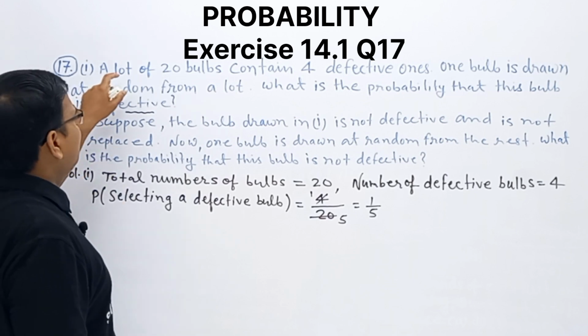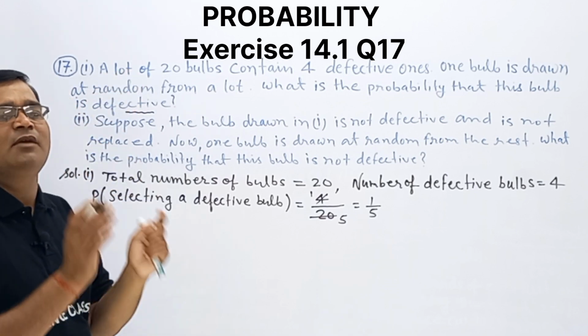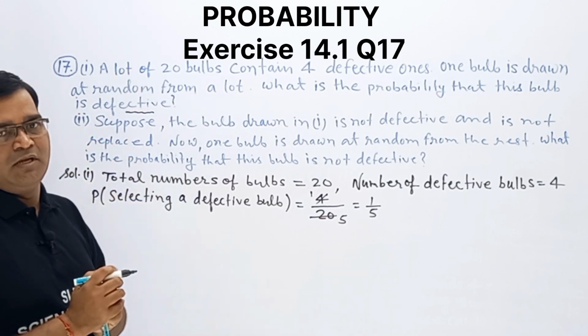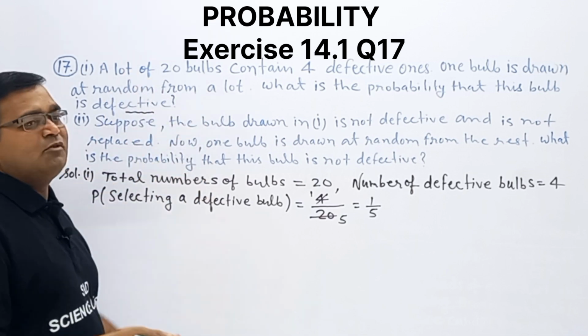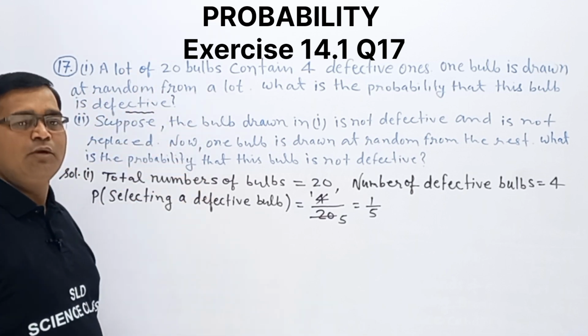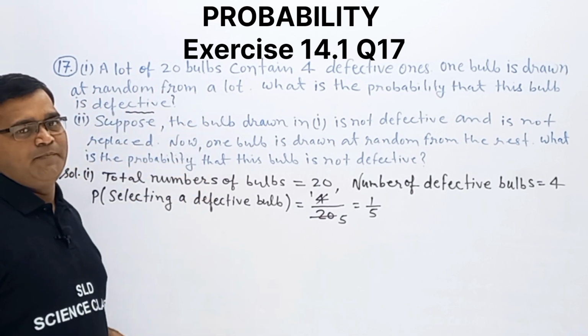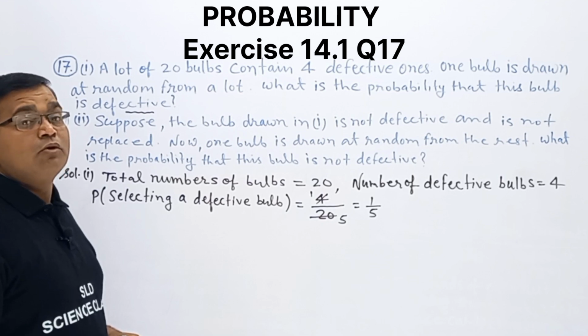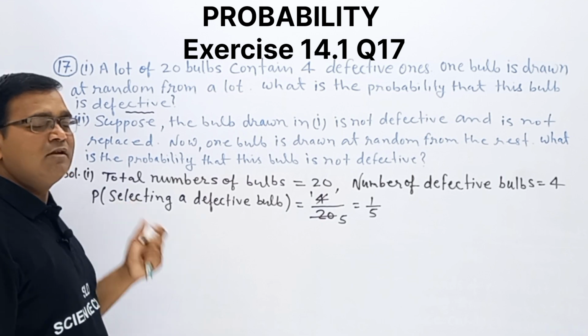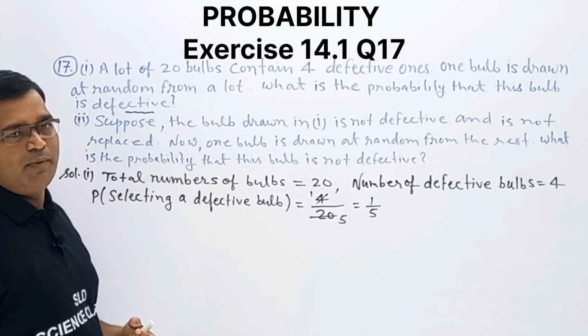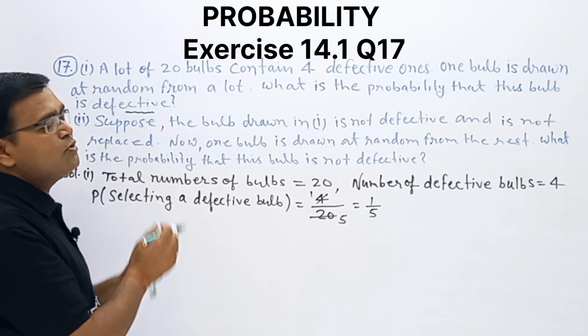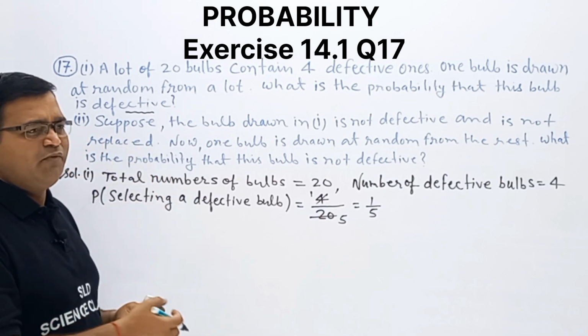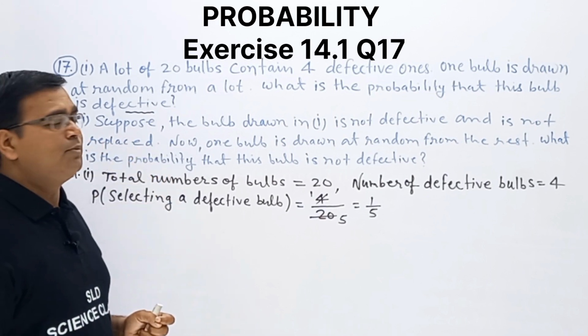Observe again. A lot of bulbs having 20 bulbs. Clear? In 20 bulbs, we have 4 defective. It means 16 bulbs are good and 4 are defective. Now out of these 20, we are drawing one bulb.